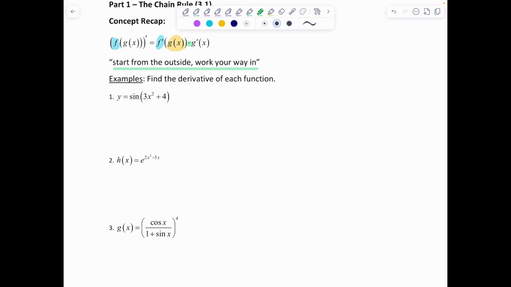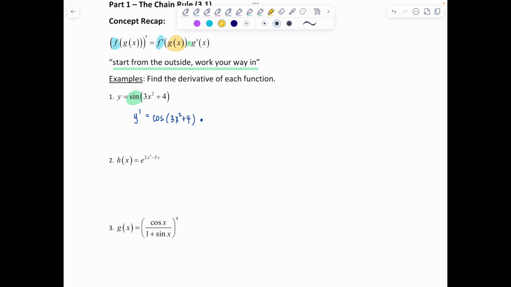So find the derivative of each function. Starting with the outermost function, the derivative of sine something is what? Cosine something. Very good. So y prime is going to be cosine of, now don't take the derivative of the inside function yet, only one at a time, starting from the outside, remember? So we're going to have cosine of 3x squared plus 4, and then you chain or you multiply by the derivative of the next layer.